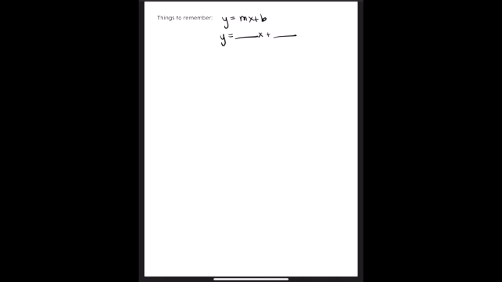And m you can think of as the slope, but in a situation, what you're really looking at is the growth rate. Or when you're in a race, it was the speed. And then the b value, which is the y-intercept, in a situation, you can think of as the starting value. And I think that's the main thing that you want to keep in mind when you're looking at these situations.